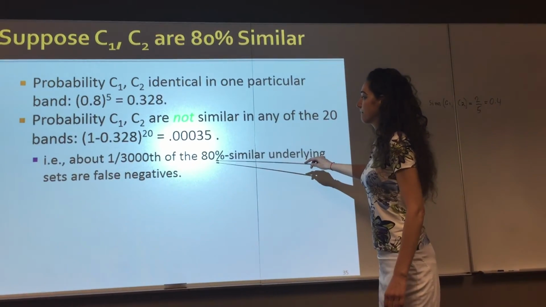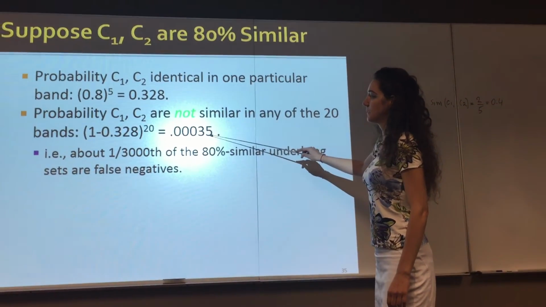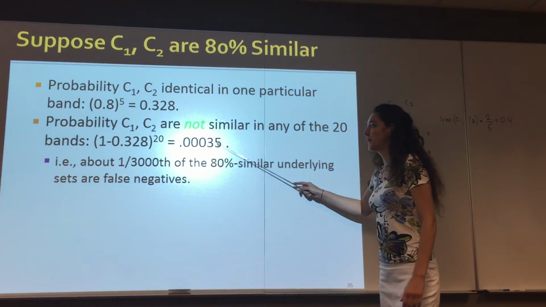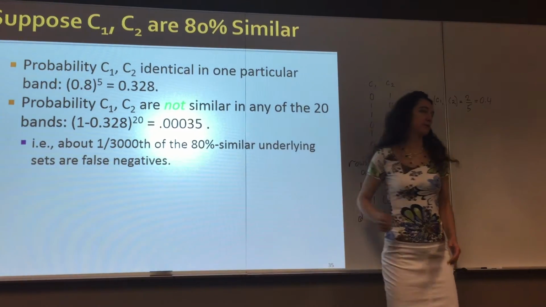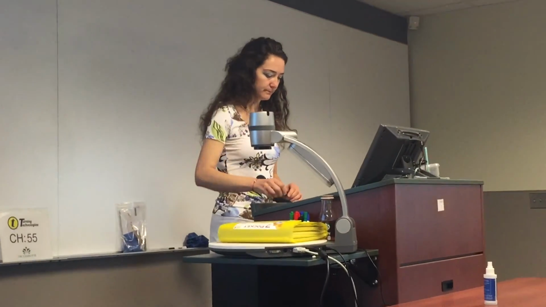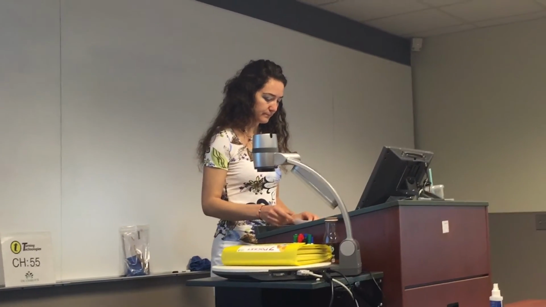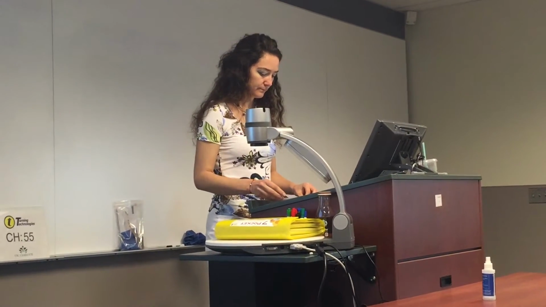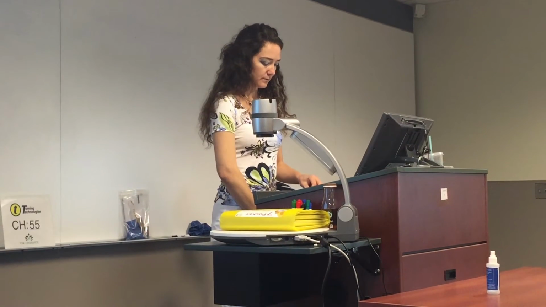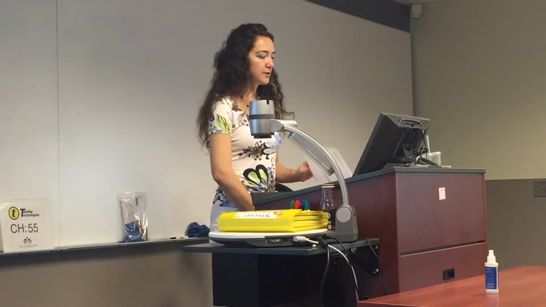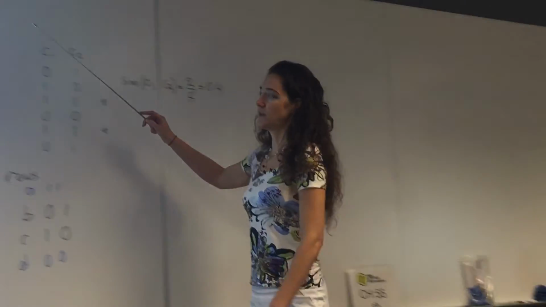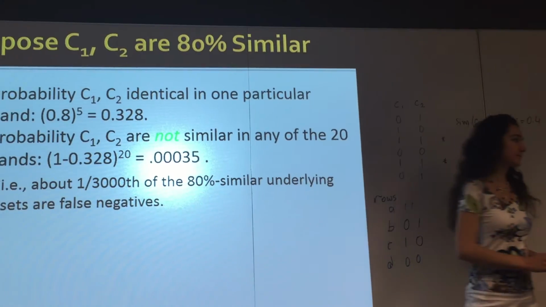So there's going to be some mistakes. That's the error rate. These will be pairs that are similar that are missed by this algorithm. This is if the documents are 80% similar. If they are lower than 80%, then the error will be even less.